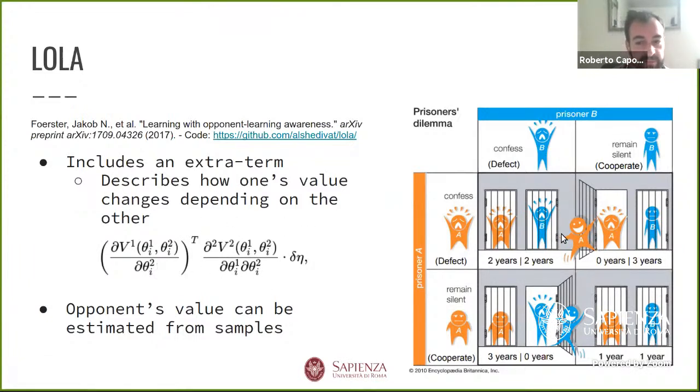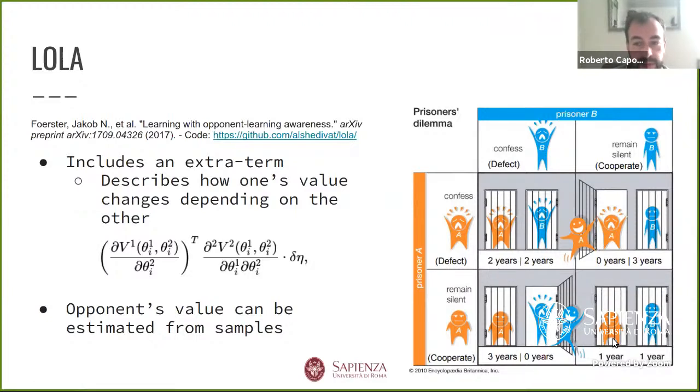This is solving exactly this scenario, because if the first agent, let's say agent A, sees that the value of the other agent is changing towards confessing, then it should confess too, to not stay in jail 3 years, but only 2.